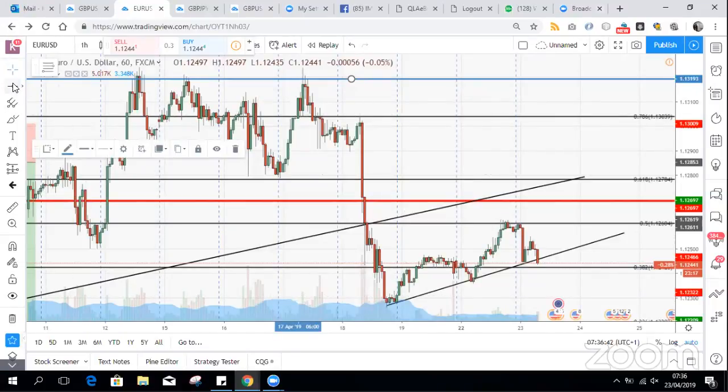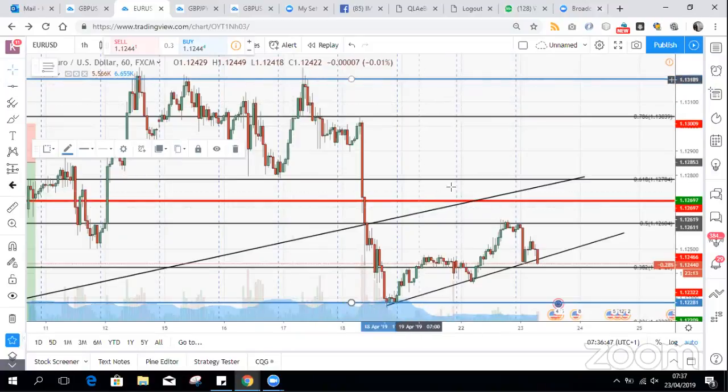Okay, blue lines, previous week's highs, previous week's lows. All right, so that's our range. Previous week high, previous week lows.